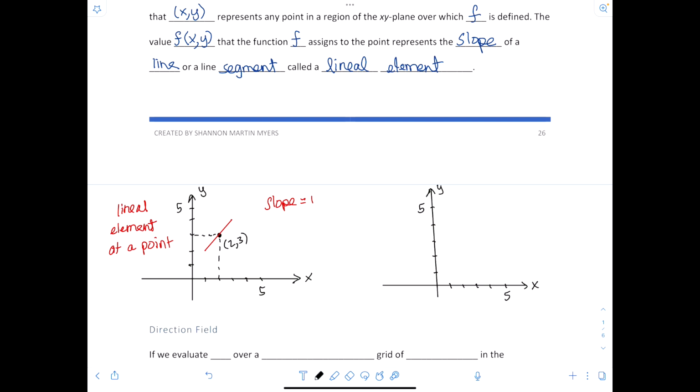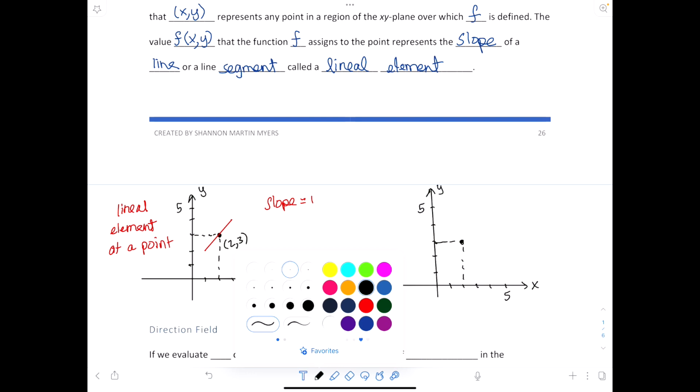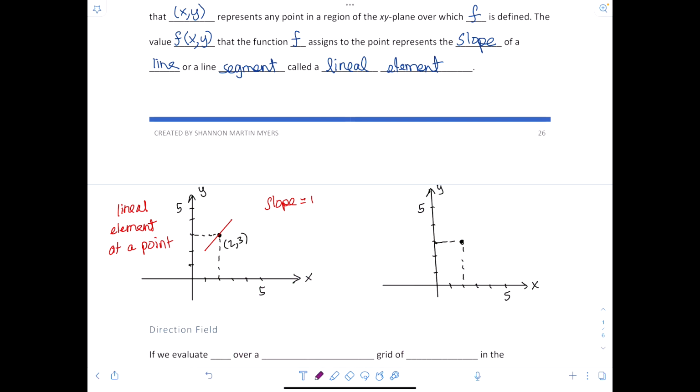So again, we are interested in this point at 3, 2, and we're looking though at how the graph is behaving, right? So suppose this is our function, it goes through that point.